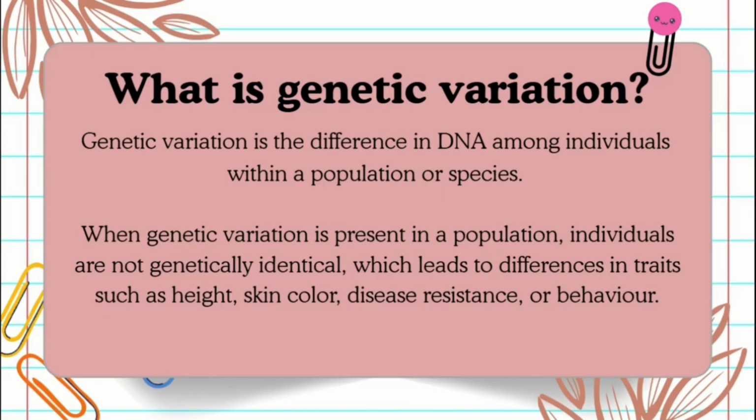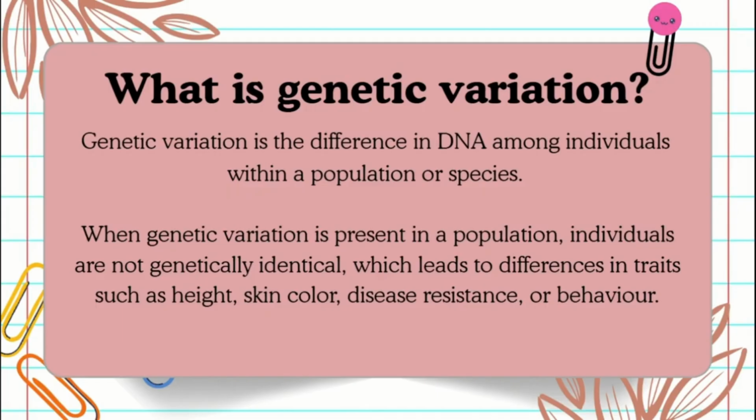So basically, what that means is that even if on the outside they look alike, genetically they are not the same. No two people who are products of sexual reproduction are the same basically.